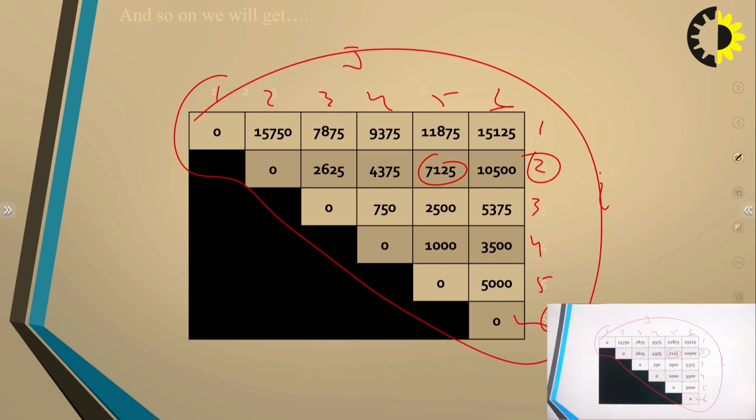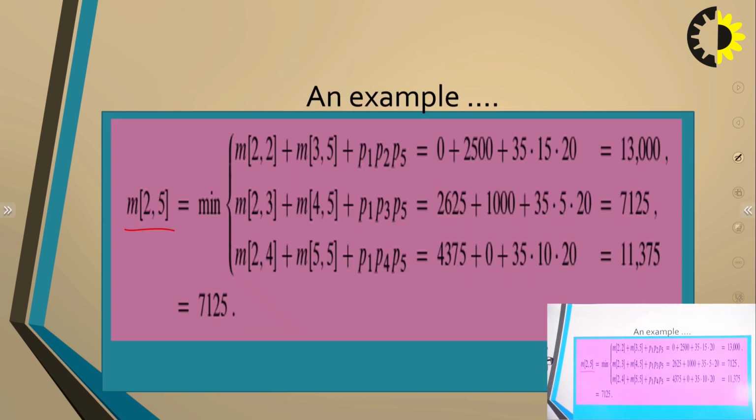What is the formula? Because we consider M[2,5]: first way, M[2,2] + M[3,5] + p1 p2 p5, value 0, 25, 35 multiplied by 5 and 20, then we will get 13,000.